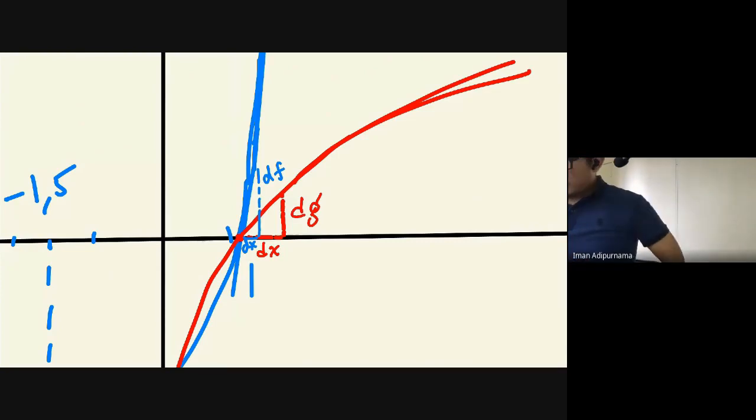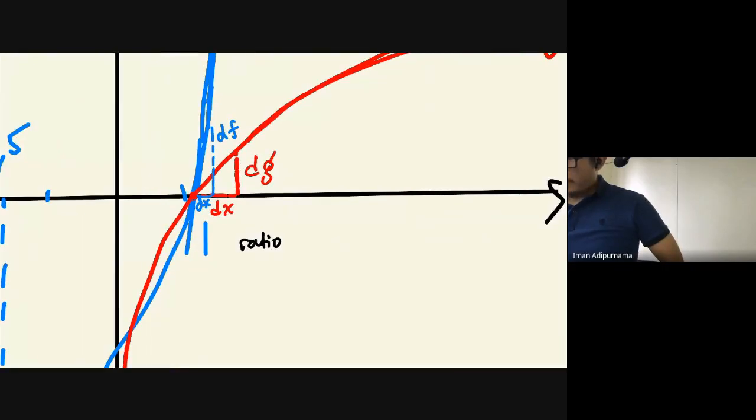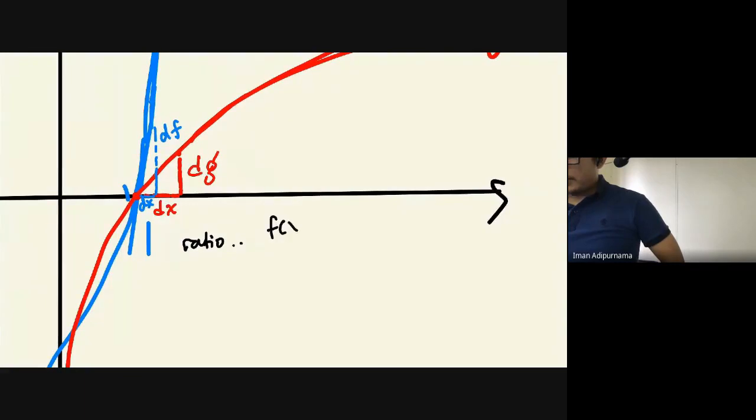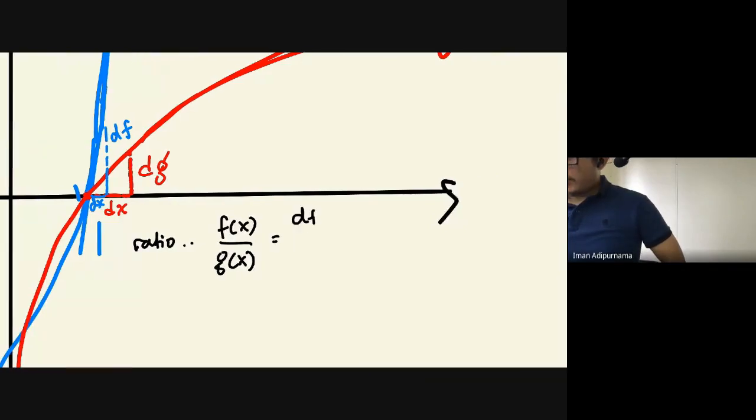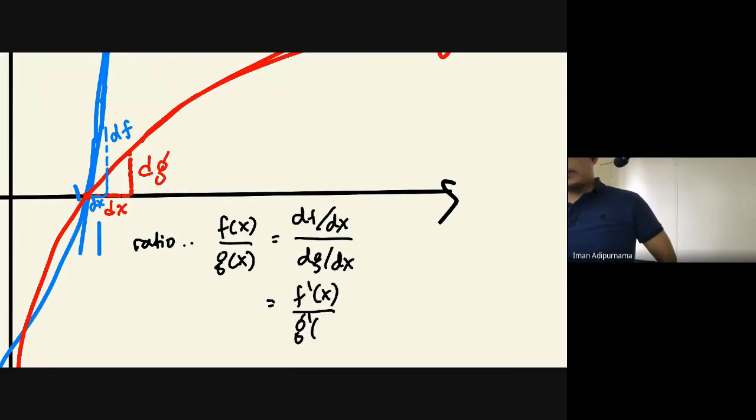So I can rewrite the ratio of my functions, based on the tangent, our gradient, as df over dx and dg over dx, which is practically the same as the derivative of f and the derivative of g. You can also try proving, not really proving, but making sure you understand the concept by looking at the graph.